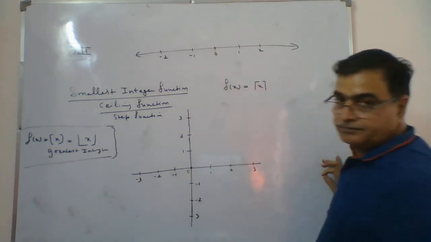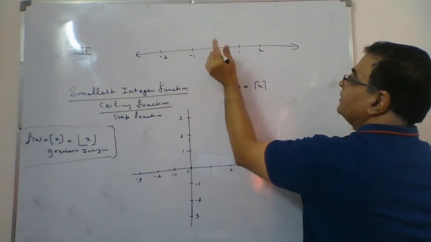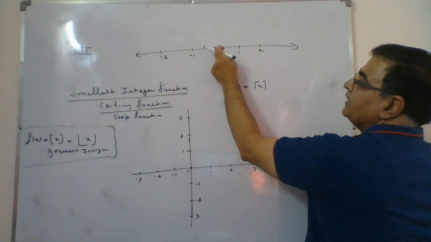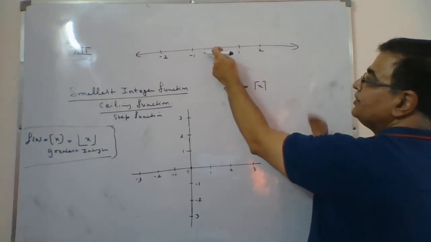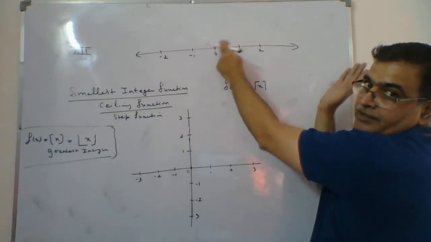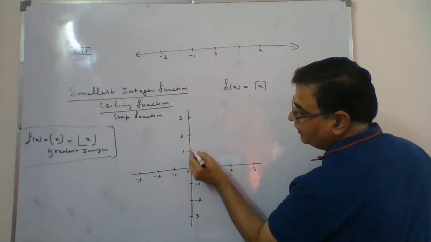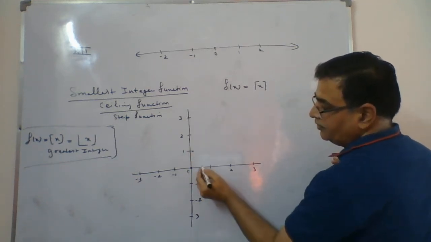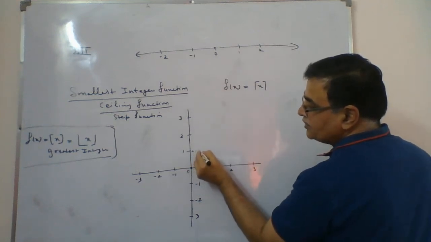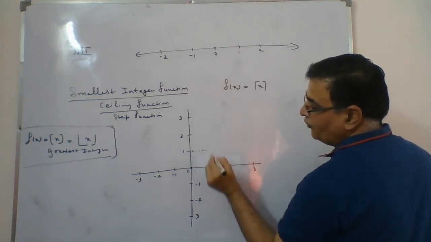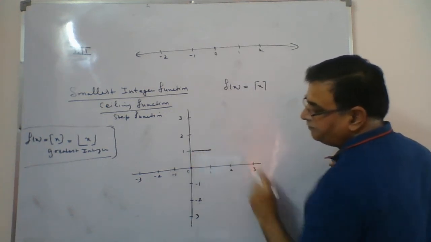Yes. When you go for 0.1, that is somewhere here. When you take 0.1, what is my answer? That is 1. If I take 0.1, then the integers bigger than this will be 1, 2, 3, and the answer will come out to be 1. So as soon as you reach 0.1, your value goes to 1. Then at 0.2, again the value is 1. At 0.3 the value is 1, 0.4 the value is 1, 0.5 the value is 1, at 1 the value is 1. So this will go this way.